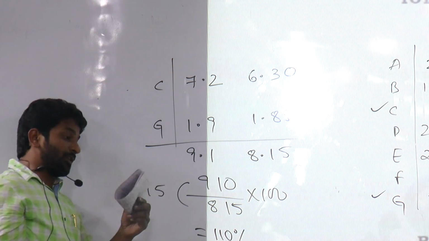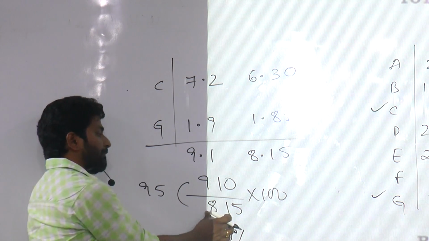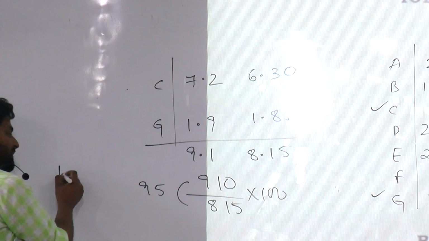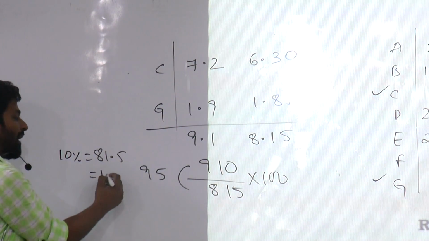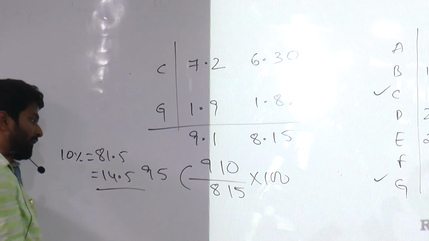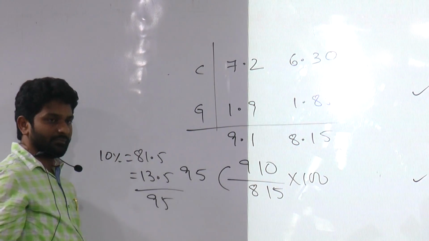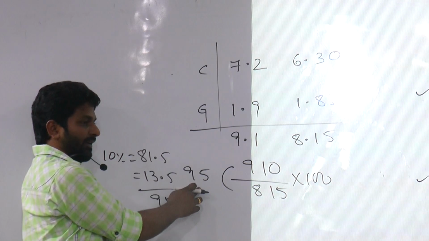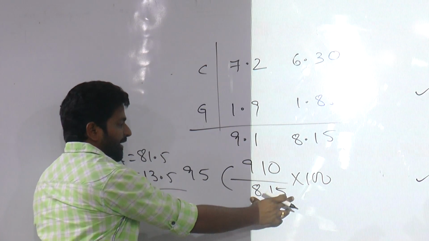More than 110%. How many options we have? 112 we have, 114 we have. 10% of the denominator is 81.5. Still you need to add 13 and a half. Then it becomes 95. 10% is 81 and a half. 1% is 8.15.